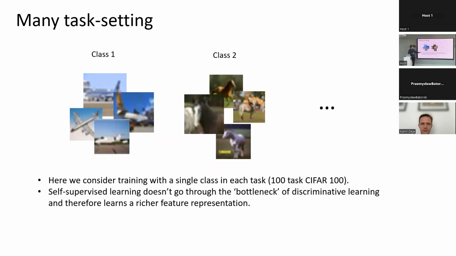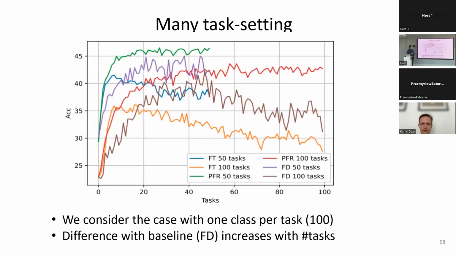One interesting example is where we really go to the many task setting in CIFAR, where we take each class as one task. So first you train only on airplanes, then only on horses, etc. This seems a very challenging setting, and interestingly, the red curve here still manages to extract quite some information.